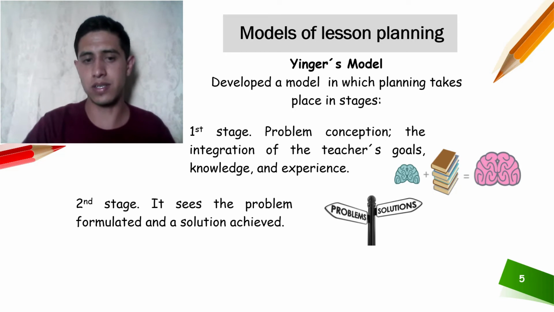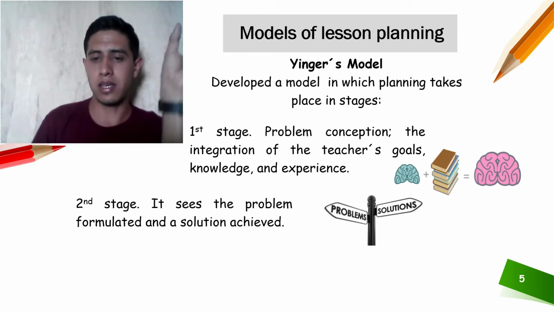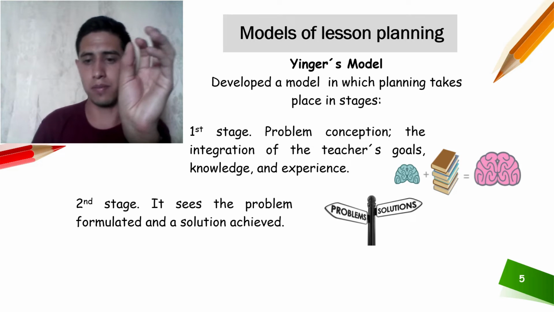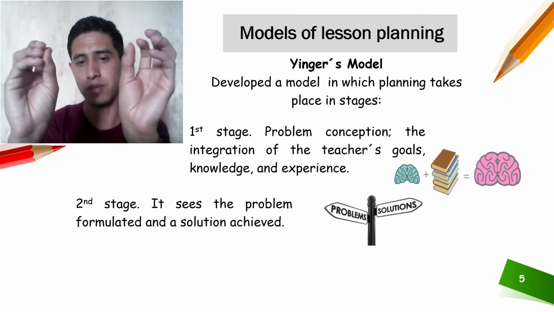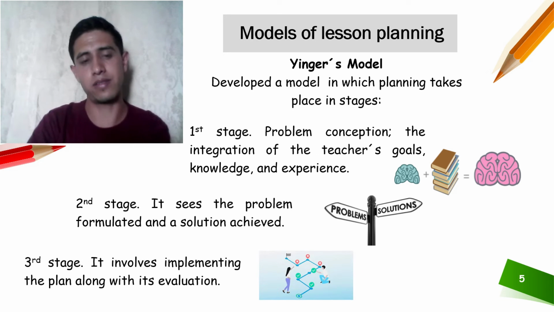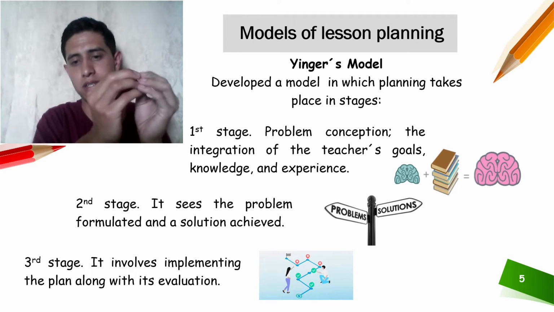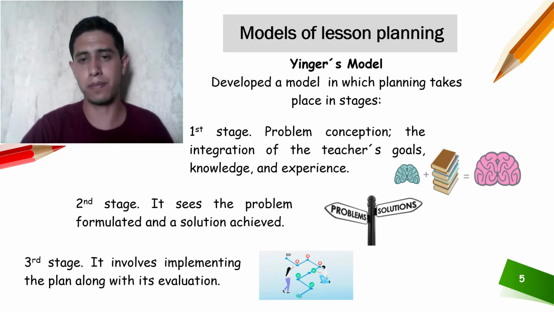The second stage is that the problem is formulated and a solution achieved. That is, in this hand I have the problem and in this other I have the solution achieved. And finally, the third stage involves implementing the plan and the evaluation. This is together through the planning.